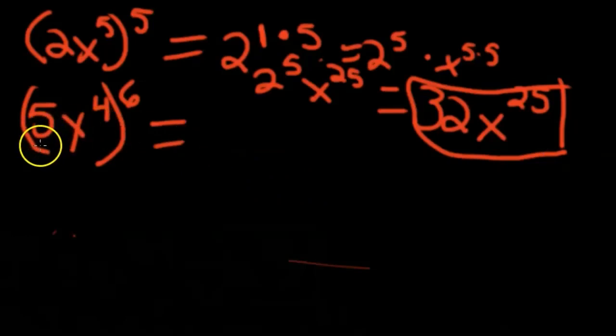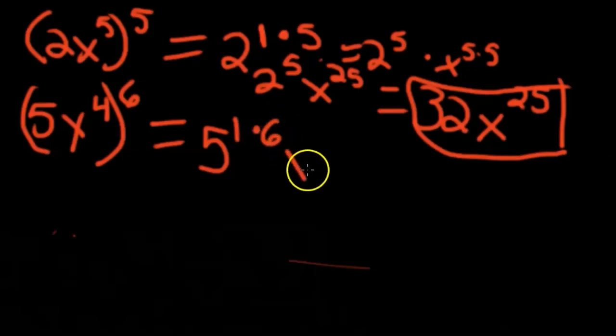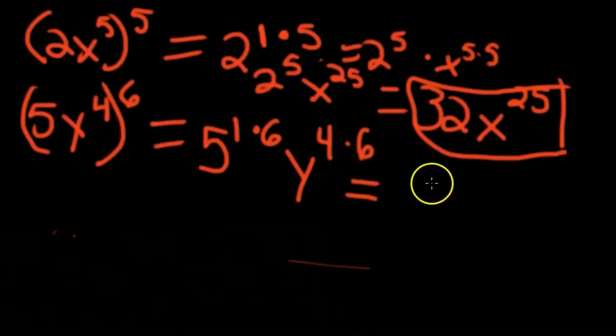Okay, so now we have 5y to the 4th power all raised to the 6th power. So you have 5 to the 1 times 6, y to the 4 times 6, which is 5 to the 6th, y to the 24th.